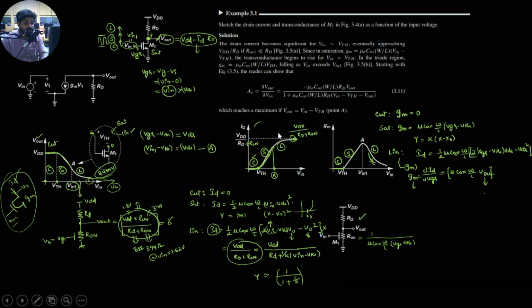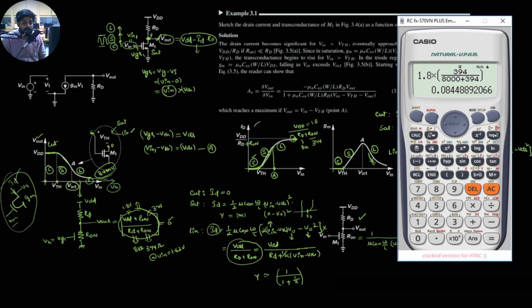So now we'll find this one. There will be a maximum current it is able to pump with the value of VDD by (RD plus Rn). We'll see whether practically it is the same or not. As for the Rn value we got, this is 8 kilo ohms, and this one is 394 ohms, and this is 1.8. So let me solve this one.